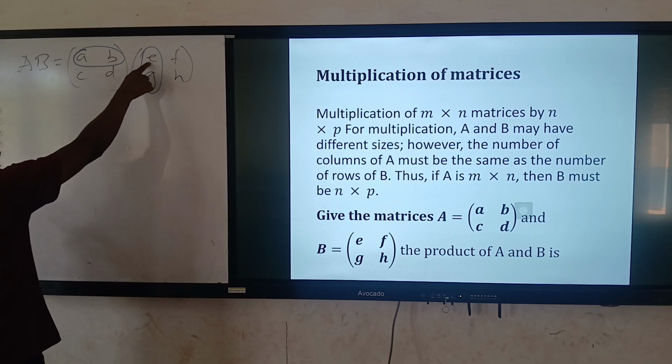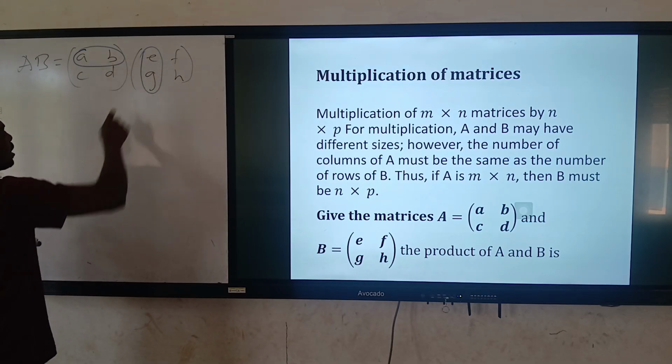So A multiplies E, and B multiplies G here.